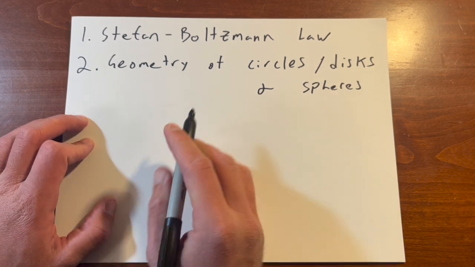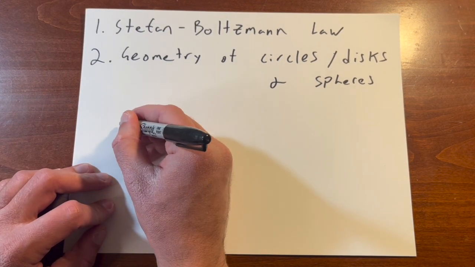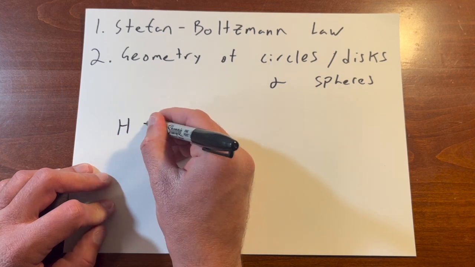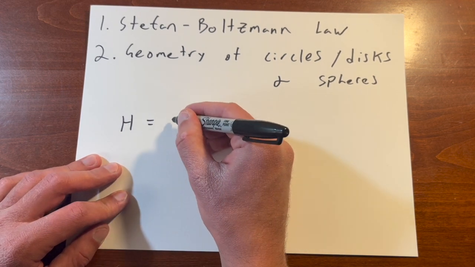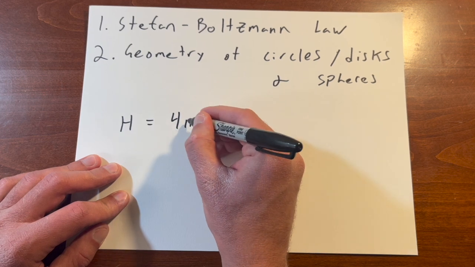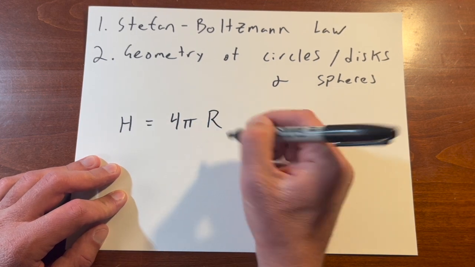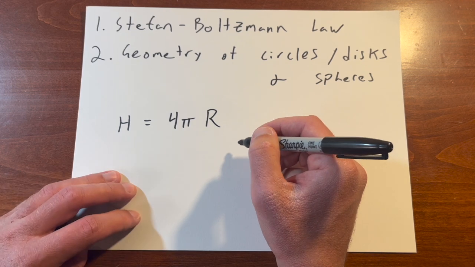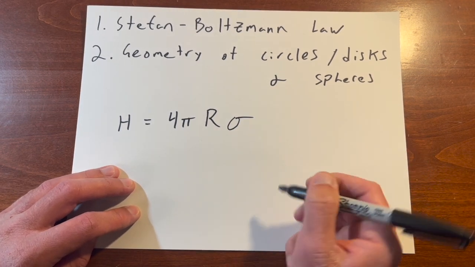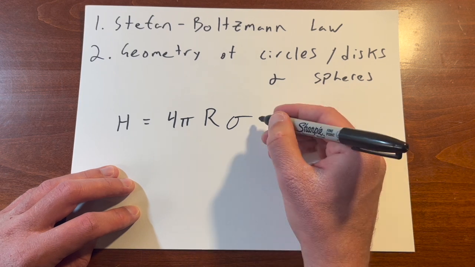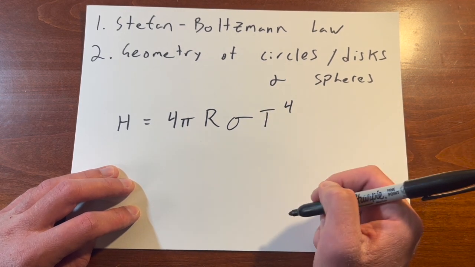Okay, so first, Stefan-Boltzmann Law. We can say the heat transfer, energy transfer, is equal to 4 pi multiplied by the radius of the object times the Stefan-Boltzmann constant, it's just a number, and then temperature to the 4th power.